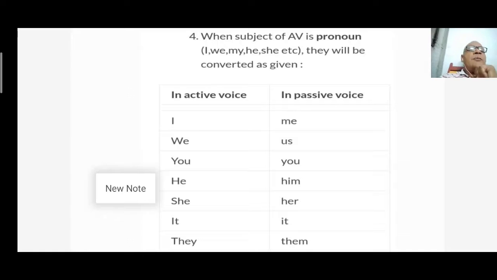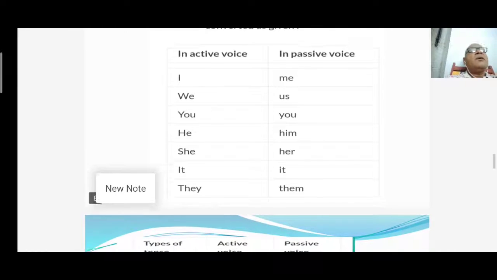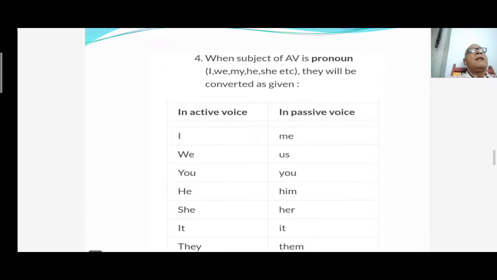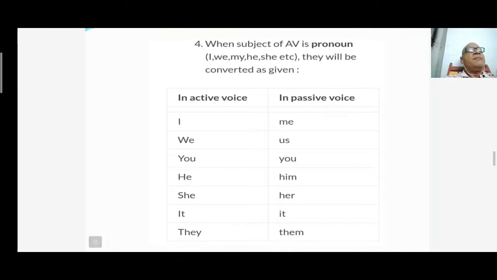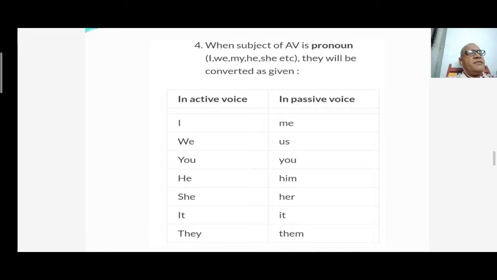We in active form changes to us in passive form. In a similar way, you is the same as you, but he will be him, she becomes her, it remains it, and they becomes them. These are the personal pronouns which change from active form to passive voice.